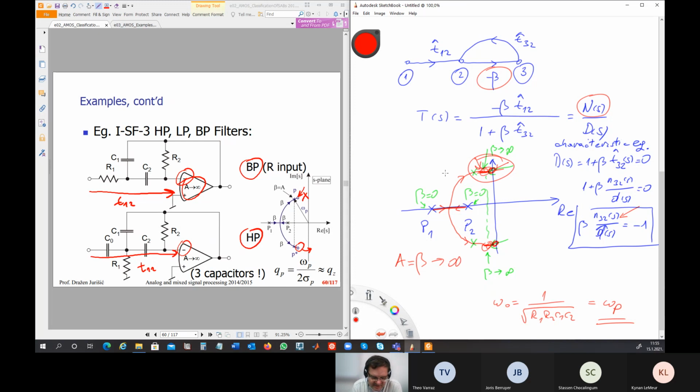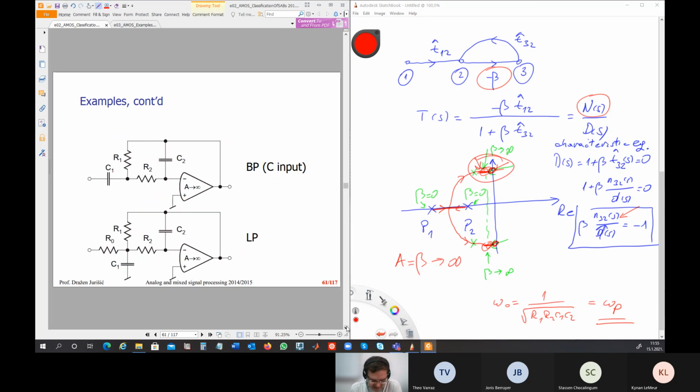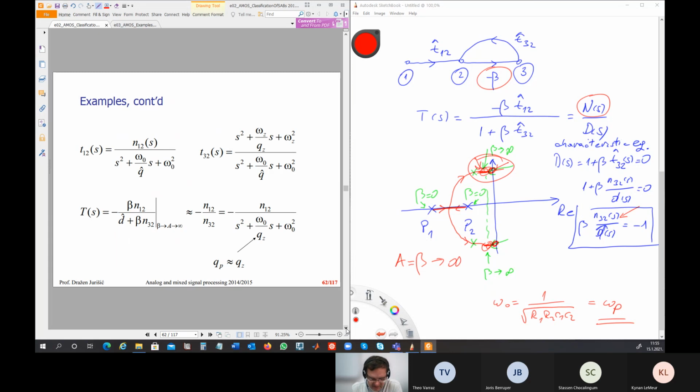To do it, you must have a very big ratio of the values of this RC network. Okay, so this is the low pass and this is the bandpass. T12 and T32 are here. So we say again, this is smaller than 1/2 and this is much higher than 1/2, because for beta going to infinity, we have poles here.